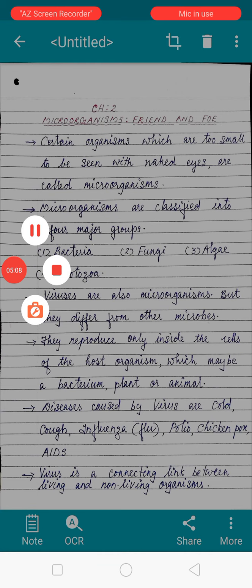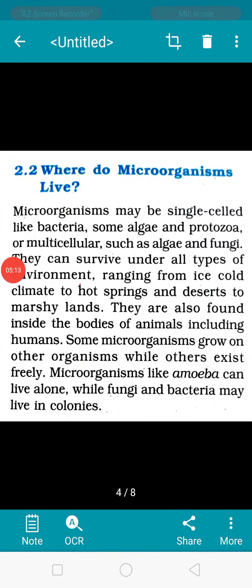Next, we can study where these microorganisms live. Microorganisms can survive under all types of environment. It can range from the ice cold climate to hot springs and even deserts to marshy lands. They are also found inside the bodies of animals, including humans.